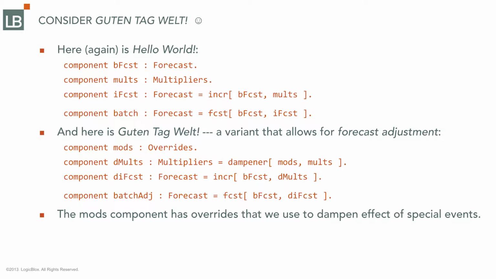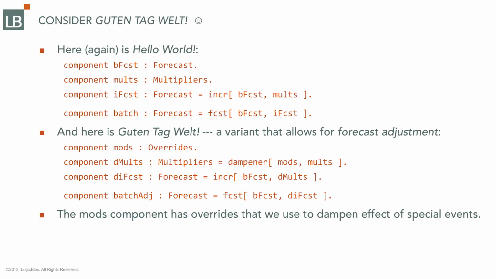In particular, there's the mods component that implements a new interface called overrides that represent some of the adjustment overrides that a user of the system might want to make if they're tweaking the inputs to the forecasts in order to see the effects. There's also a new refinement called dampener, which allows multipliers to be dampened by these overrides.